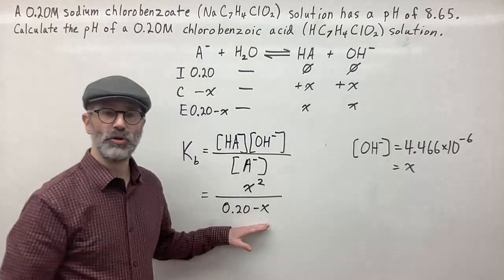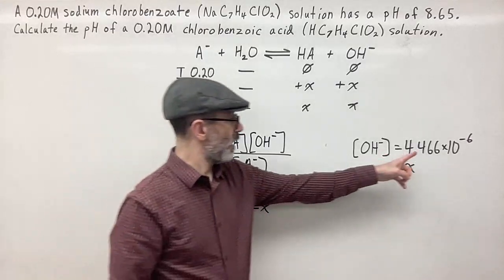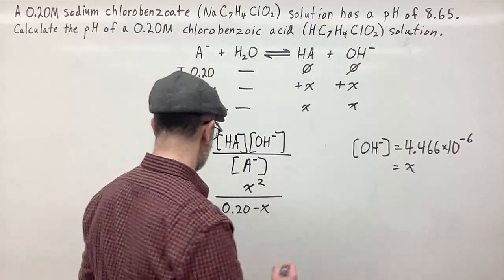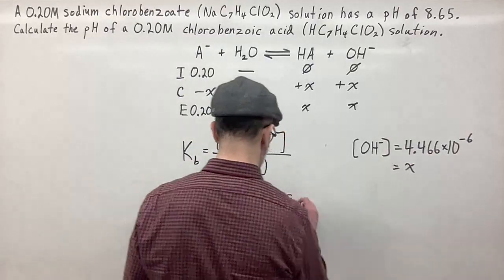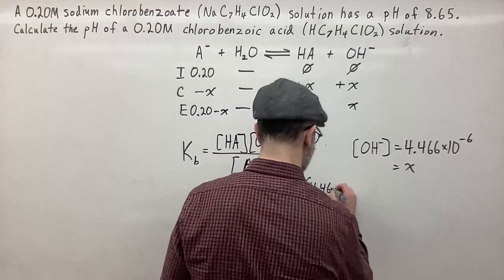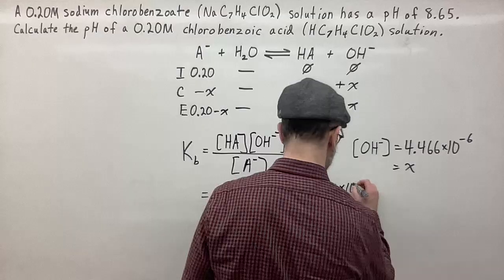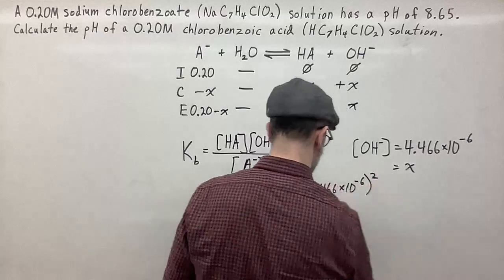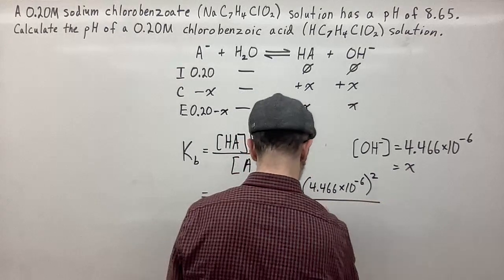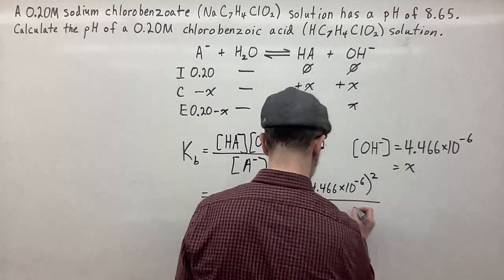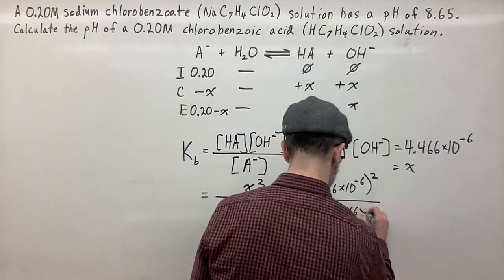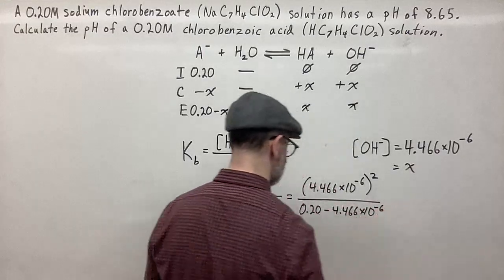And so what we can do is just plug in this value for x and solve for the Kb, right? So Kb is going to be equal to 4.466 times 10 to the negative 6 squared, divided by 0.20 minus x, which is 4.466 times 10 to the negative 6.